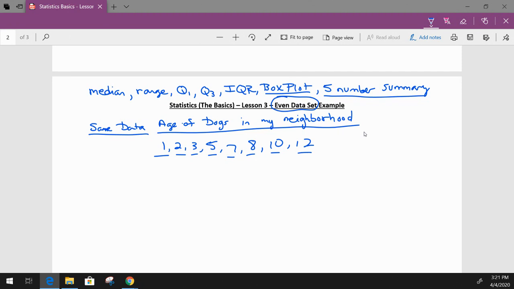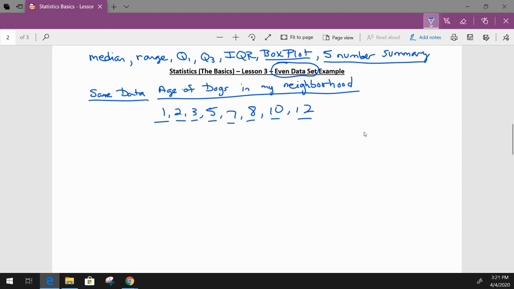When you have an even set of data, you do not have an exact middle. Since there's 8 pieces of data, the middle 2 numbers are going to be the 4th and the 5th piece of data. So there's 3 numbers below, 3 numbers above. The 4th and the 5th piece of data is 5 and 7.